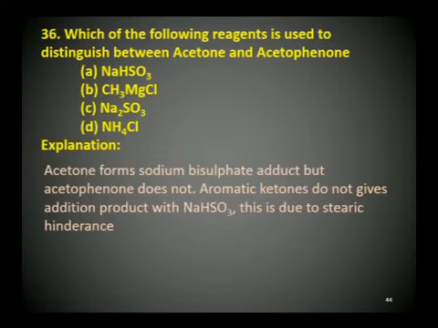When acetone reacts with NaHSO3, a white crystalline precipitate is produced, whereas with acetophenone, a crystalline precipitate is not produced. So that gives us a test for distinguishing between acetone and acetophenone. So the answer is A, sodium bisulfite.